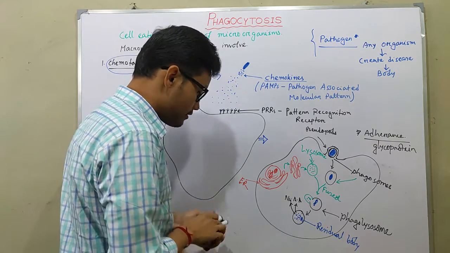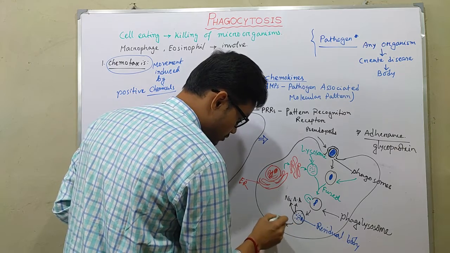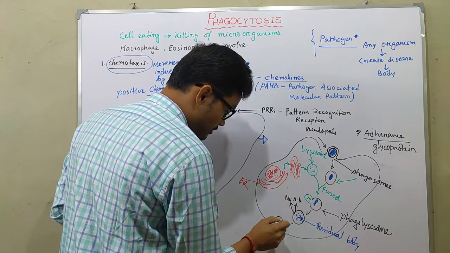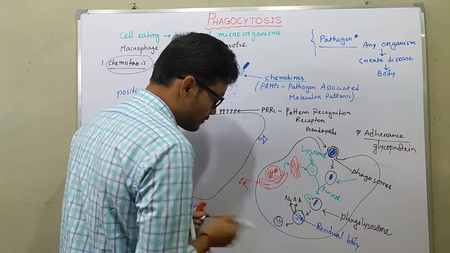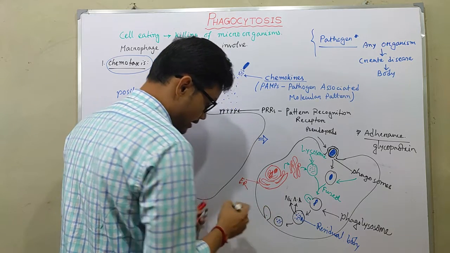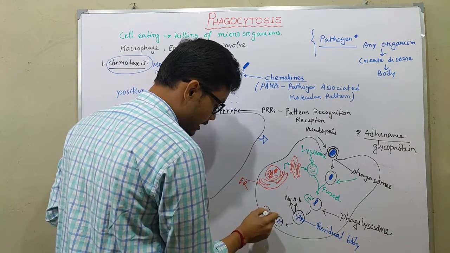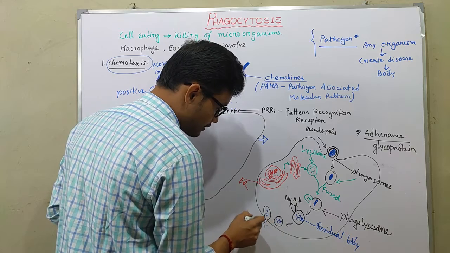Okay, so here it moves closer to the plasma membrane, or comes closer to the end of the plasma membrane, and after that those vesicles are fused with the plasma membrane, and now those residual bodies leave from that macrophage or that cell.